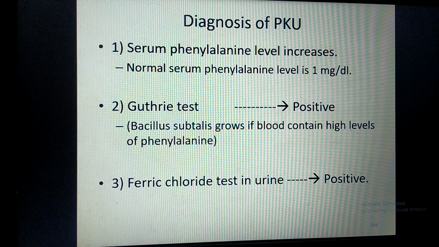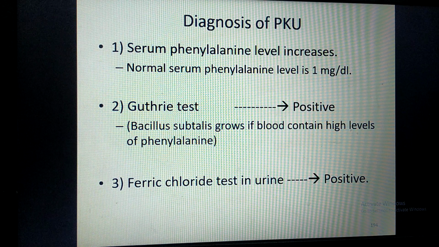When this growth is seen, we call it a positive Guthrie test. If you add the blood of a normal person, which has very low phenylalanine levels, the bacteria will not grow and the Guthrie test is negative in a normal person.